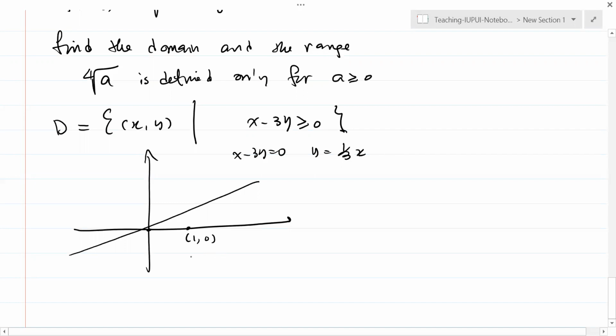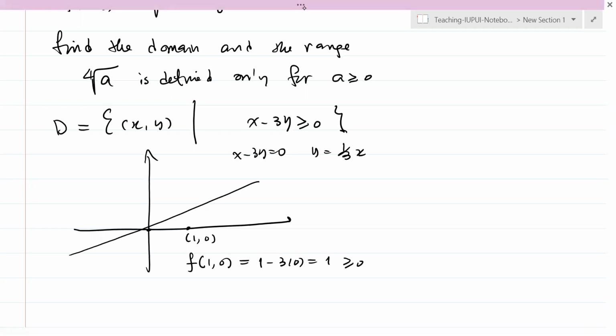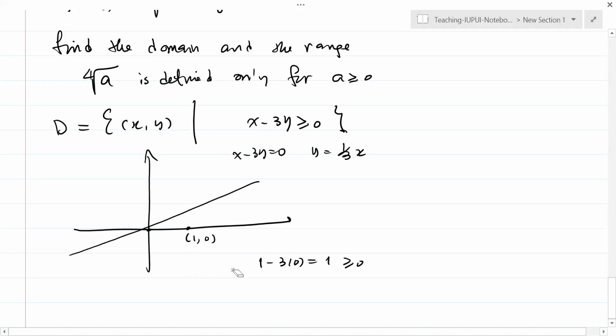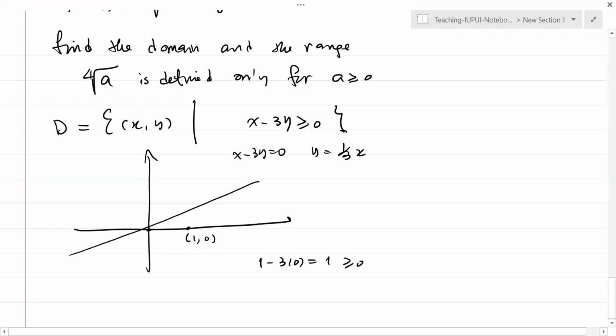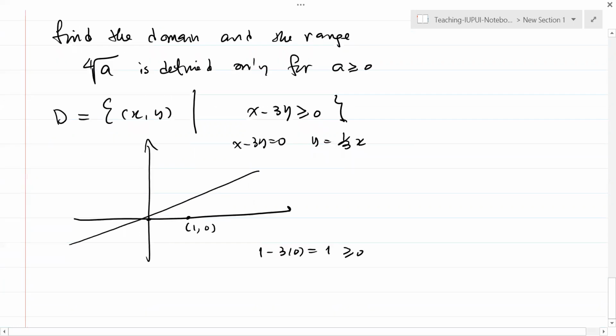At that point, x minus 3y is going to be 1 minus 3 times 0, so it's 1, it's positive. Just plug them into the expression.